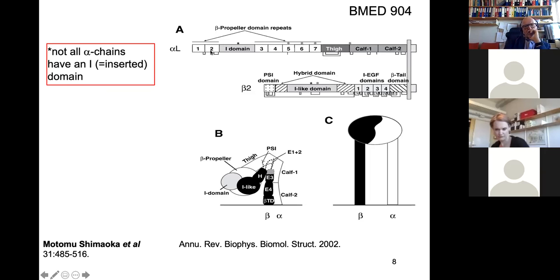The alpha subunit we now know is composed of a globular domain, which is composed of a 7-bladed beta propeller. This is followed by a thigh domain, calf-1, calf-2, a transmembrane, and a short cytoplasmic domain. Whereas the beta subunit has some other domains, including some EGF-like domains.